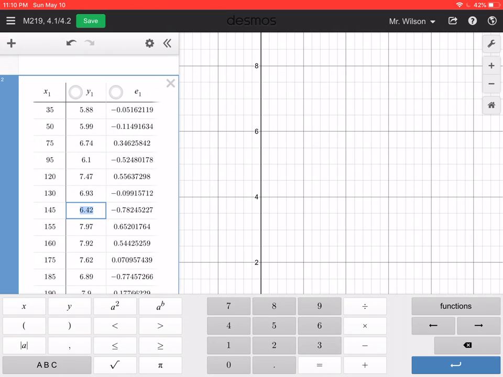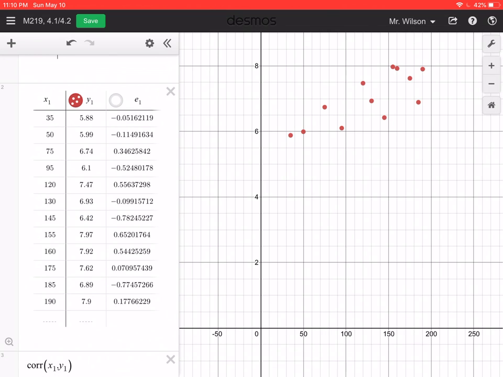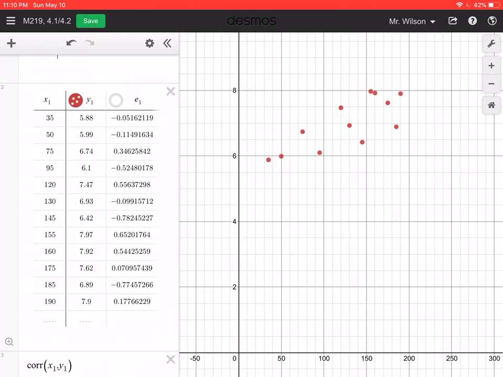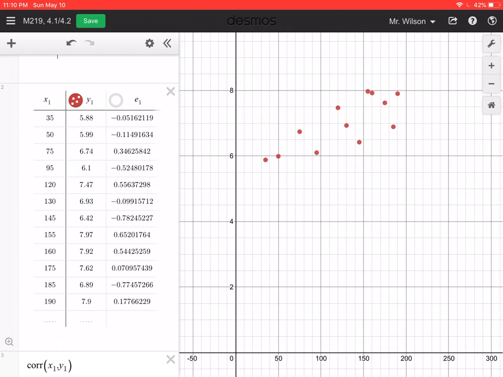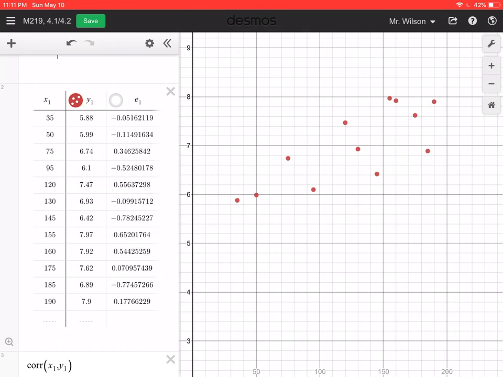Okay, and then ignore the third column for just a second. But if I go ahead and turn that one on, you can see right there we have all of the data points for this data set. Okay, so we talked about it a little bit last time, but they do appear to have a more linear relationship to them.